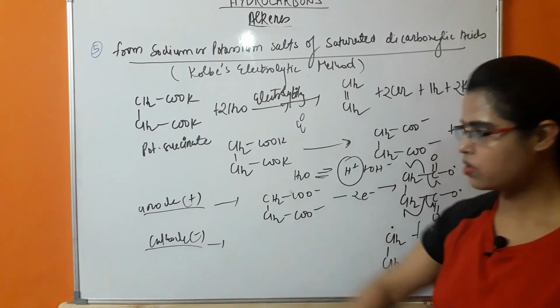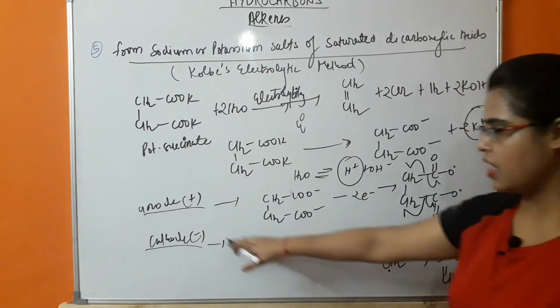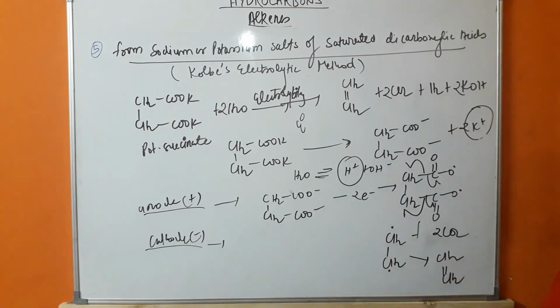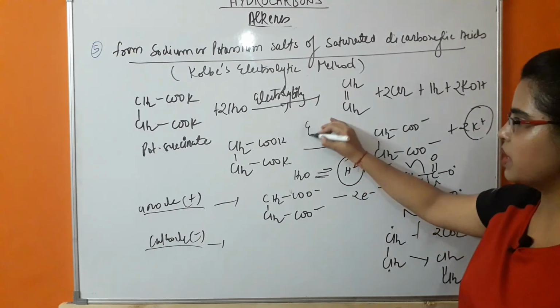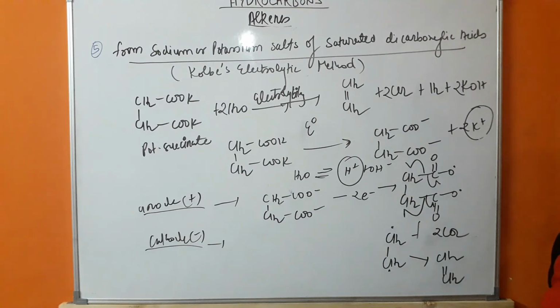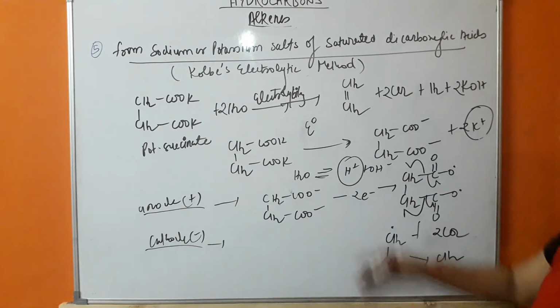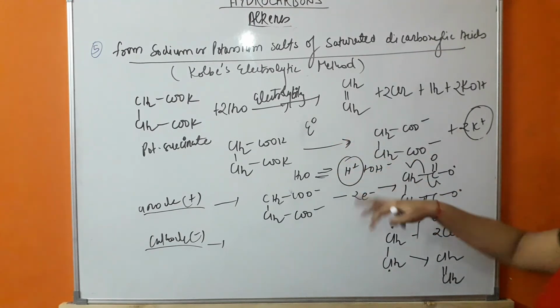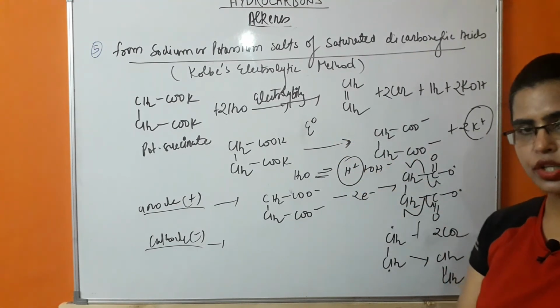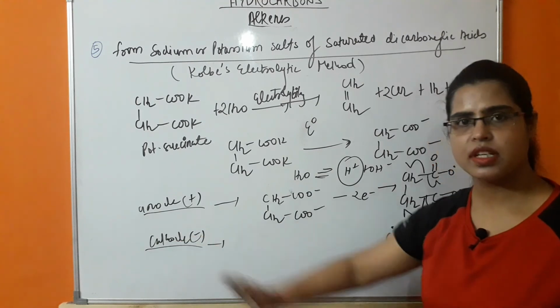At the cathode, because of its negative charge, it will attract the positive ions. There are 2 positive ions in the solution, K plus and H plus. On the basis of reduction electrode potential, the ion which has the greater tendency to reduce will move towards the cathode.